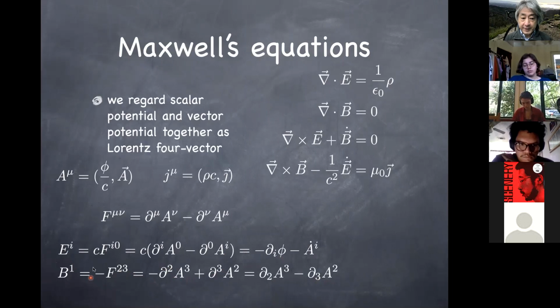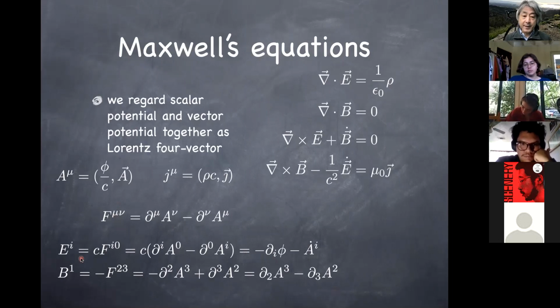And that's why you need to have this minus sign here. So the magnetic field for the x component is indeed written by the curl of the vector potential. And so this now is an explicit way of seeing why this F^μν field strength tensor really does contain the electric field and magnetic field.